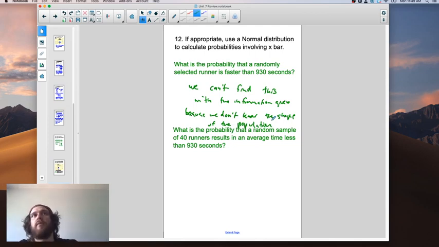We don't know the shape of the population distribution, so we cannot do calculations for individual runners. If we had said that it was normal, we'd be fine, but we don't know that. All I gave you is the mean and the standard deviation.